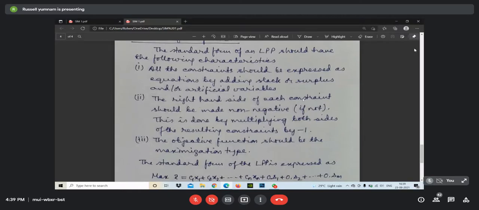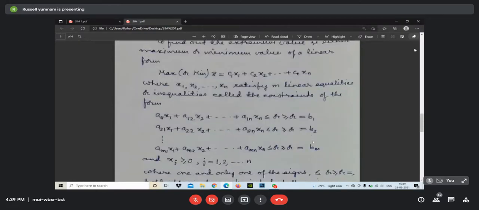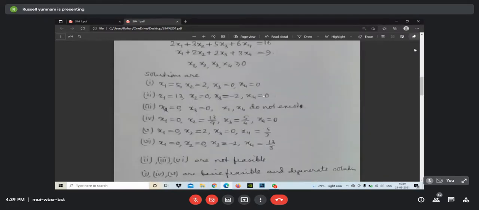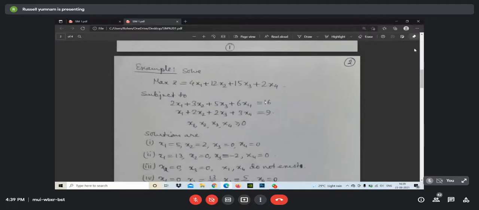Right hand side of each constraint. Right hand side means what? The side where only the constant is there, no variable is there. In our case, this is the right hand side. We are writing here b1, b2, they are constants. This is the right hand side, 16, 9.